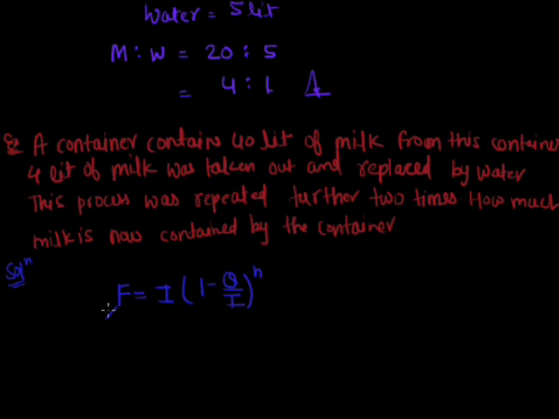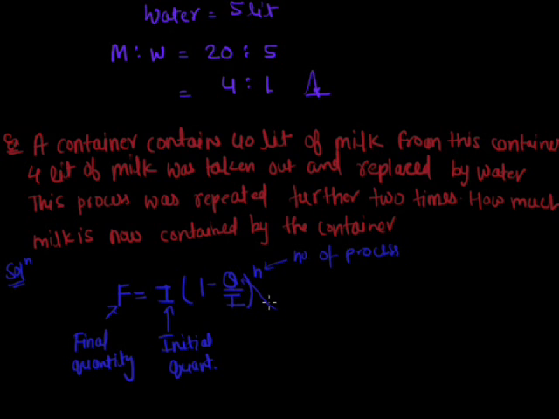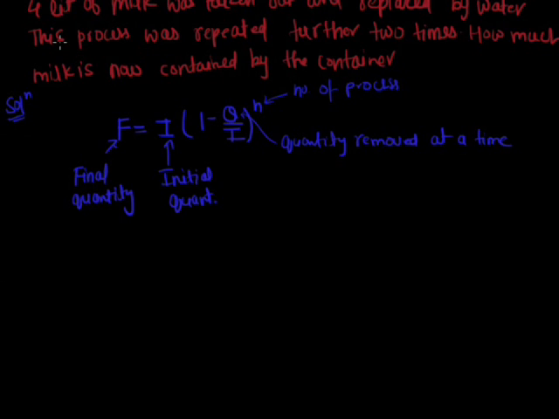Here F is final quantity, I is initial quantity, n is the number of processes, and Q is the quantity removed at a time.